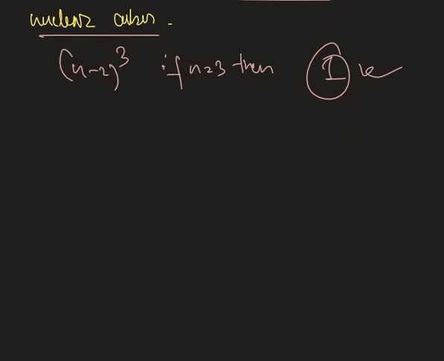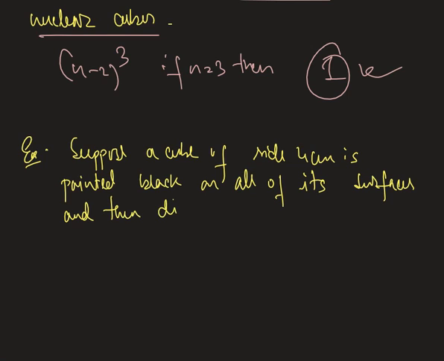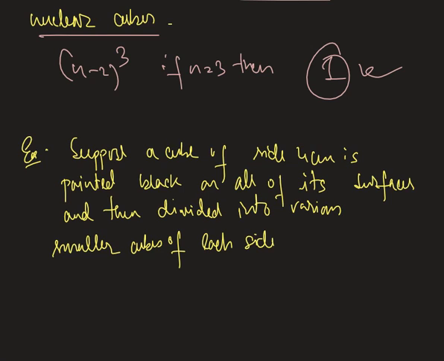Now see one example to understand this properly. Suppose a cube of side 4 cm is painted black on all of its surfaces, and then divided into various smaller cubes of each side 1 centimeter.